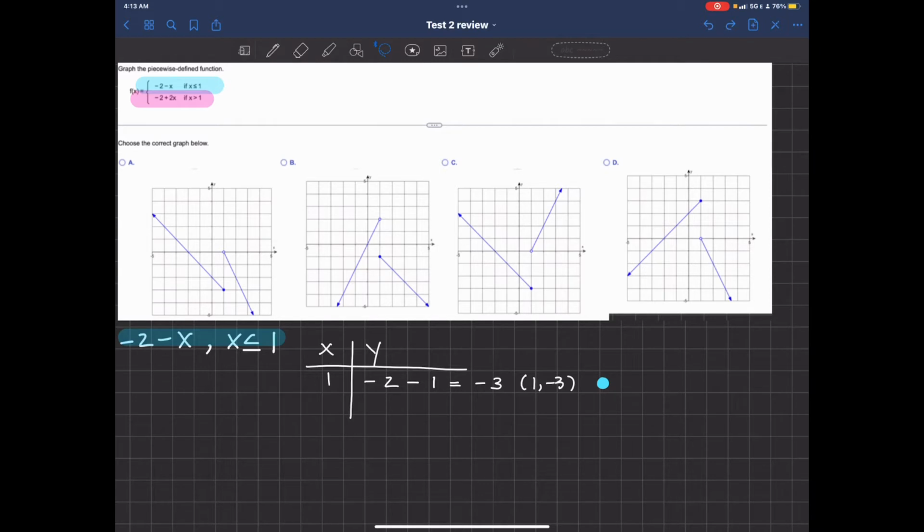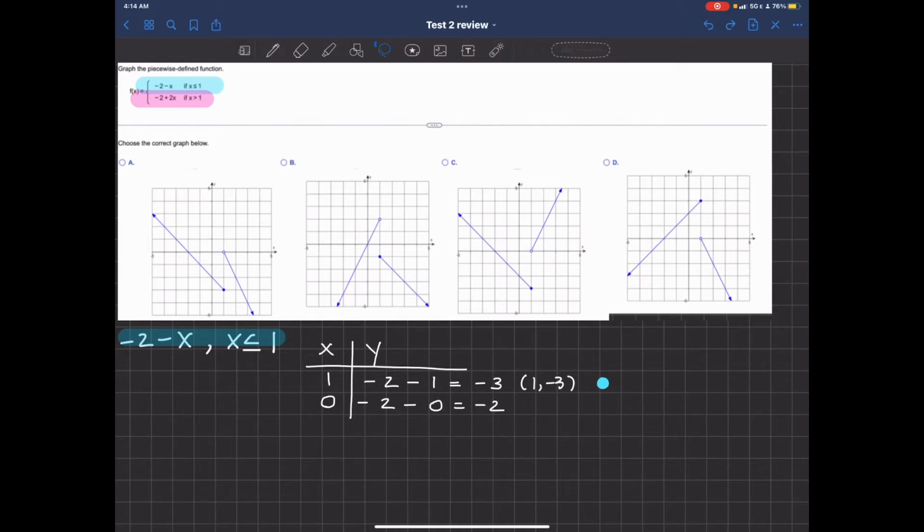Now we need a second number. So if it's less than or equal to 1, our second number should just be 0. So where x equals 0, I'm going to have -2 minus 0. And that's going to be equal to -2.